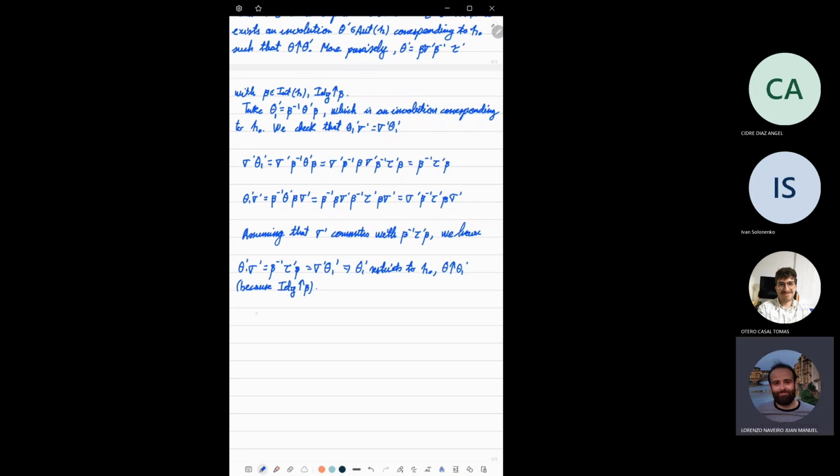And now this should follow, because if we take the Cartan decomposition associated to theta 1 prime, we see the following.